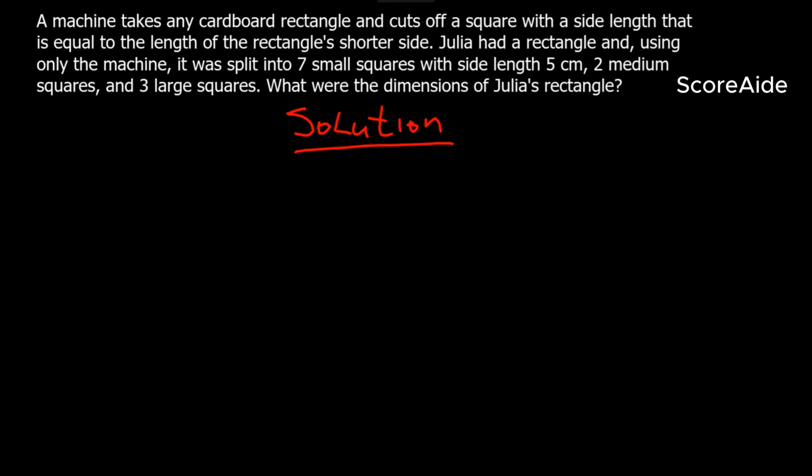Julia had a rectangle and, using only the machine, it was split into 7 squares with side length 5 centimeters, 2 medium squares, and 3 large squares. What were the dimensions of Julia's rectangle?